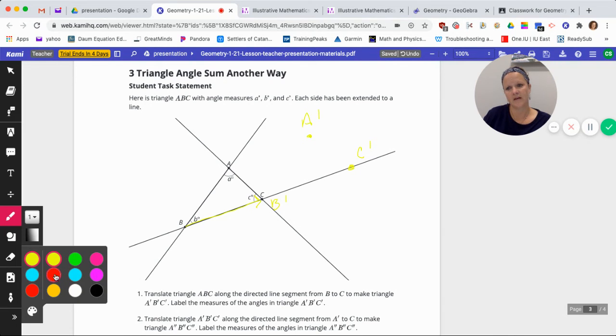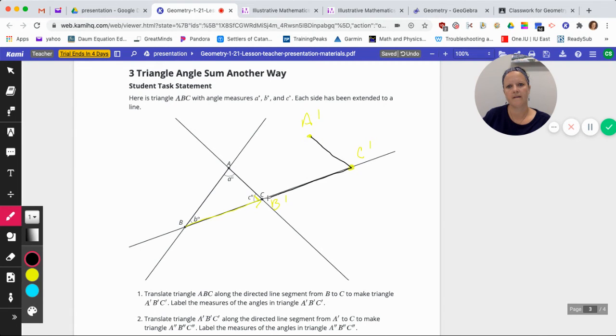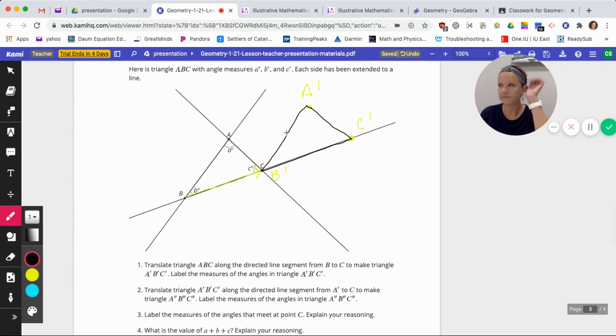I should not be in that awful color yellow because I know it's hard for you to read. So we just translated triangle ABC along directed line segment BC. Cool.